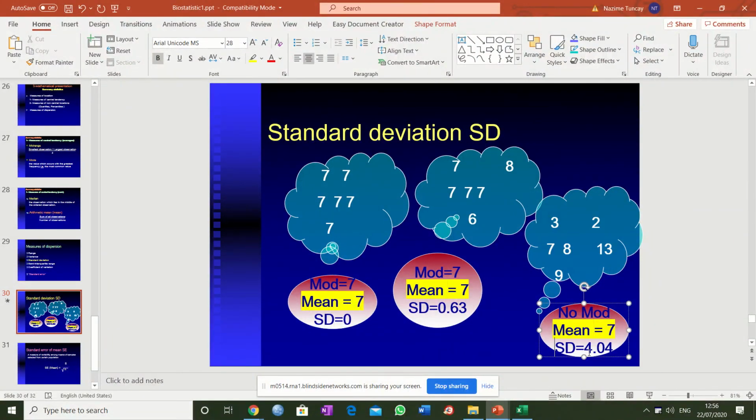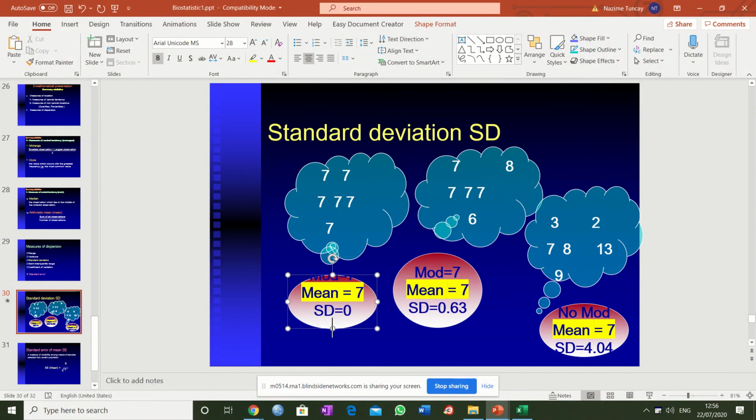The more the measurements differ from each other, the higher the standard deviation. Here it is lower because they are closer, and this is again 0 because they are the same.